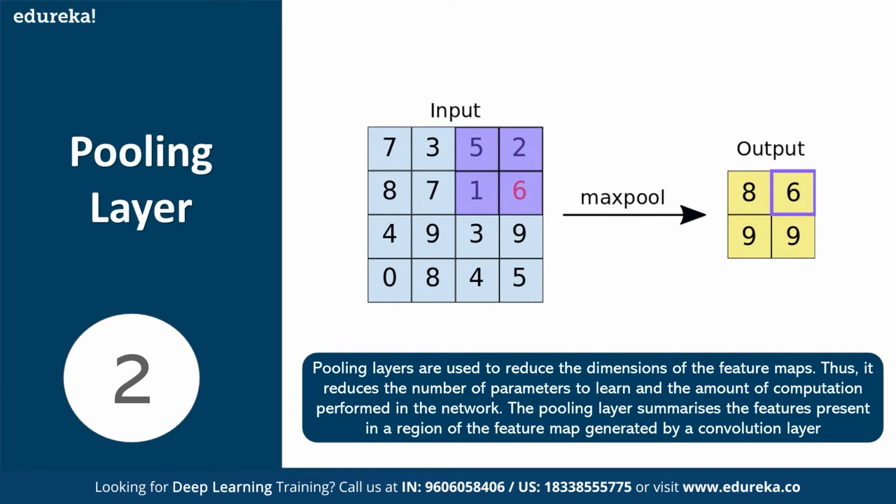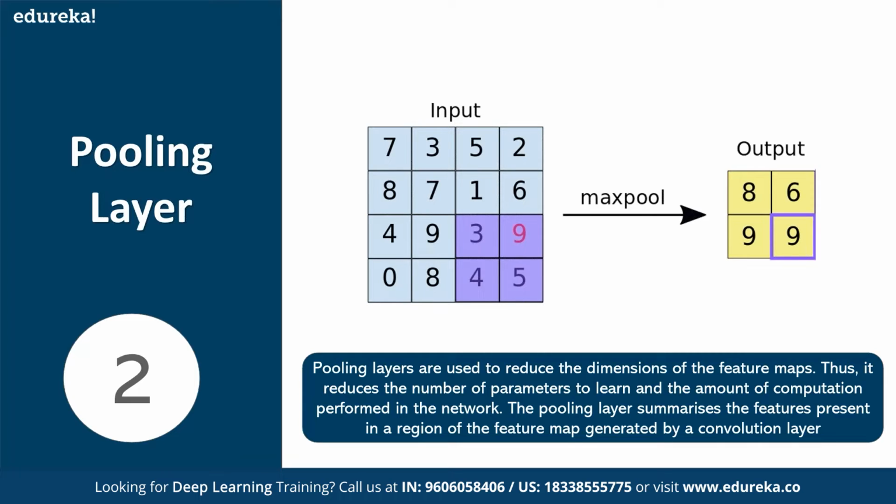Here in this scenario, I've got my original image of dimension 4 by 4. On this 4 by 4 region, I'm applying the pooling layer with a pool window of 2 by 2. As a result, we are performing the max pooling operation and reducing the dimension by 2 by 2. So this is the working of the pooling layer. It will help me to summarize the data.